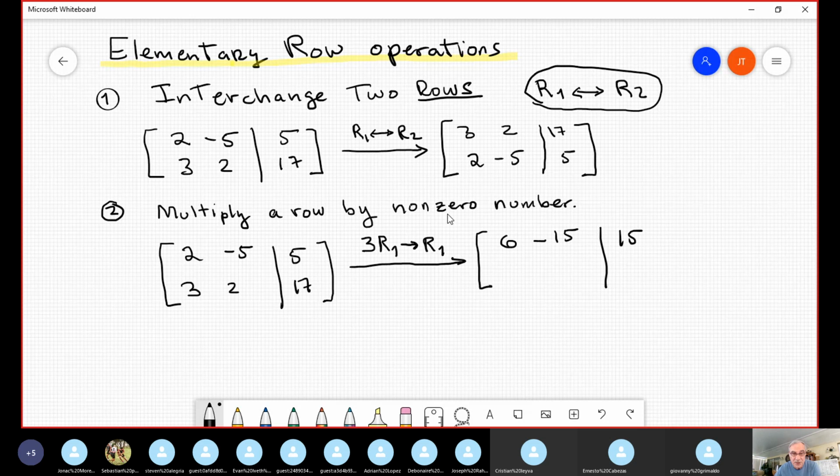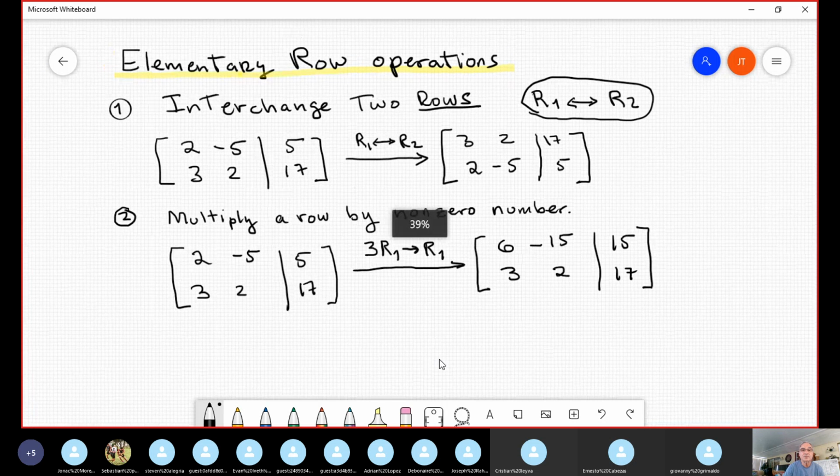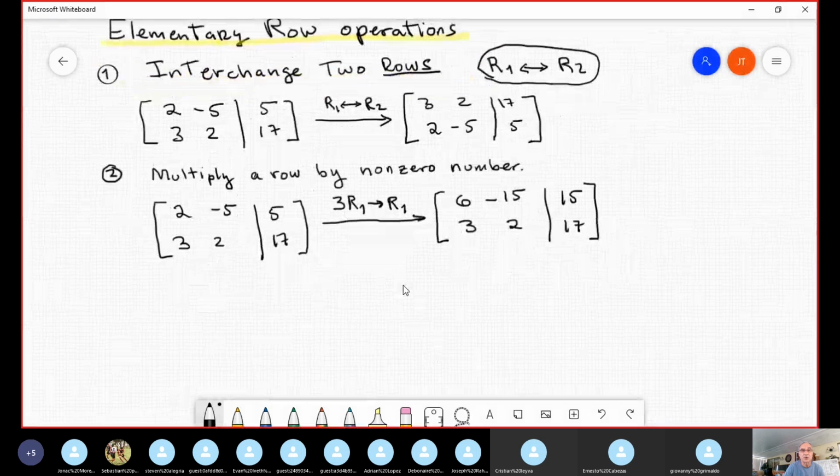Because the thing I am doing is multiplying the entire row 1 by 3. 3 times 2, 6. 3 times -5, -15. 3 times +5, +15. And the second row stays the same because I do not perform any operation using row 2. That's it. And it is no surprise for you.